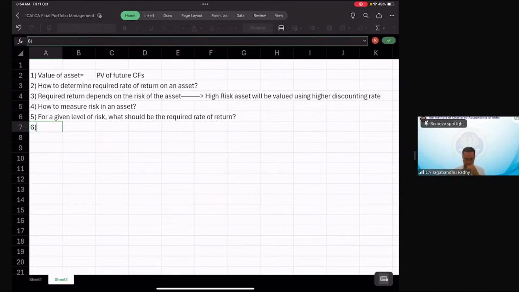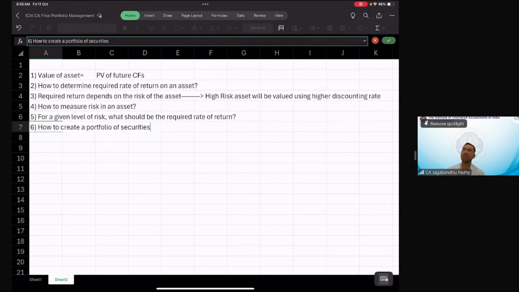Apart from this, we will also be looking at how to create a portfolio of securities. Now, what will be my objective when I'm creating the portfolio of securities?